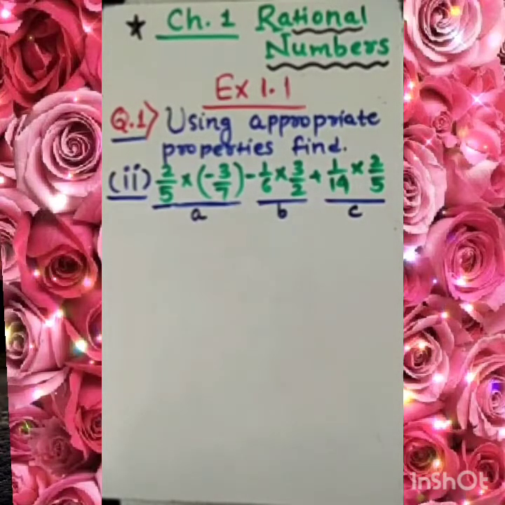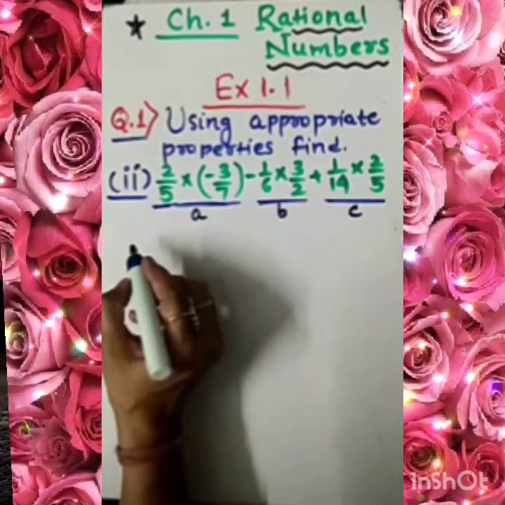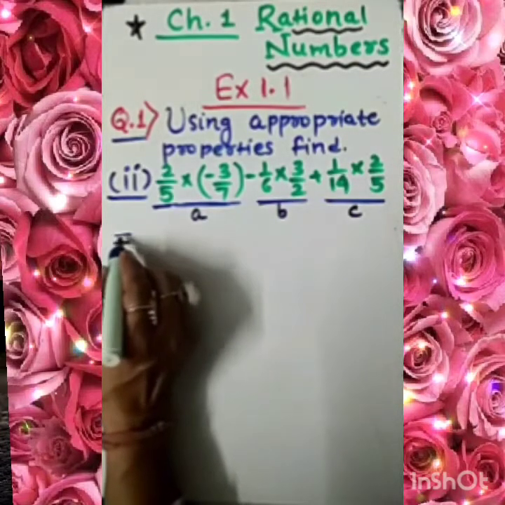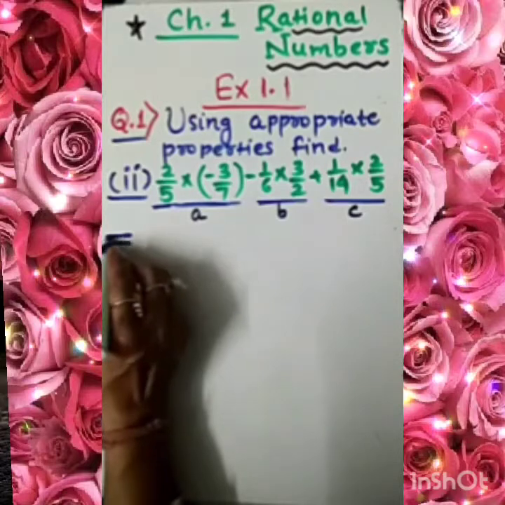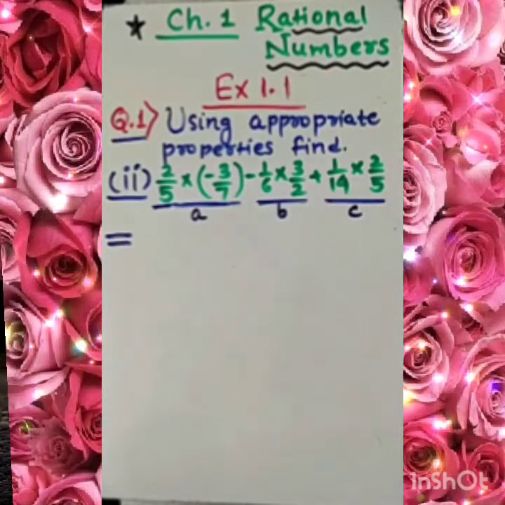Okay, now these three terms are given in rational number form. Now we should be keen observers and observe carefully which two terms I should write together so that I have a common factor, meaning something common which is present in both terms.